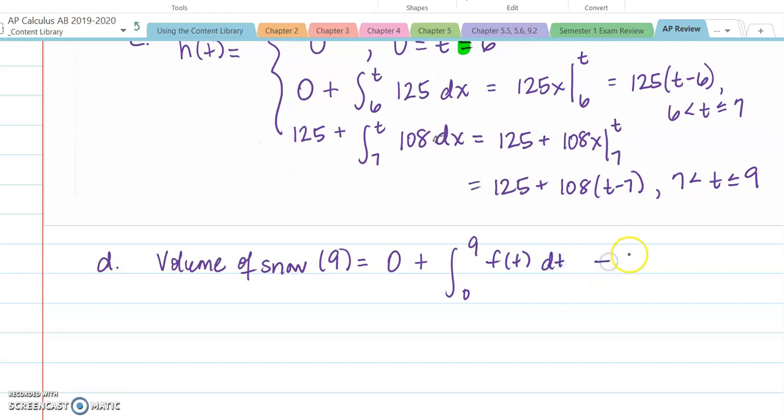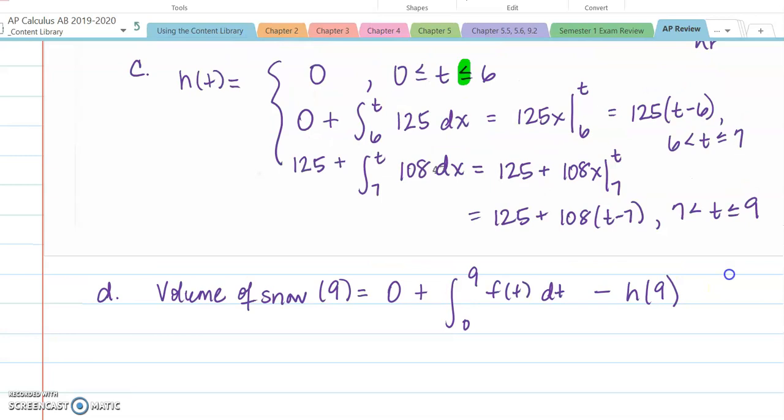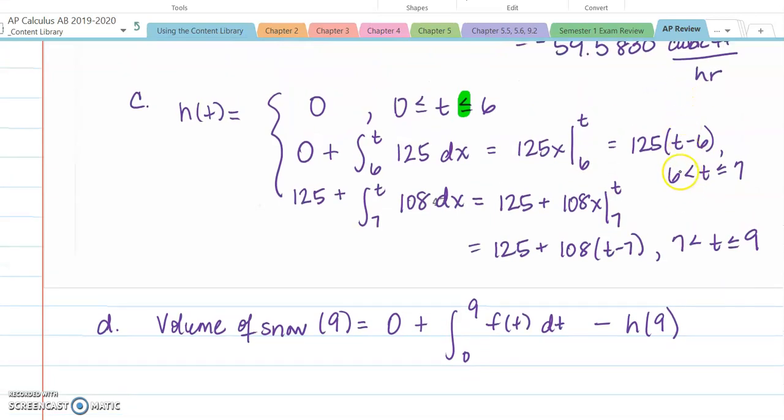And then we have to take away h of 9 because that represents how much snow is being removed. And remember that h was sort of complicated because the rate at which snow was being removed was piecewise. Therefore, the amount being removed is also piecewise.